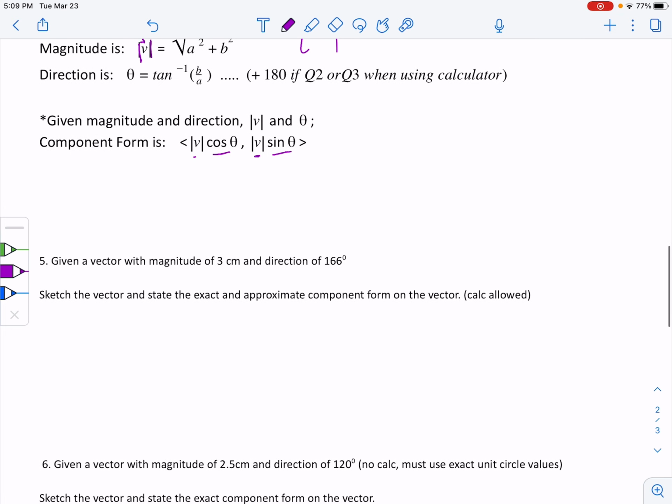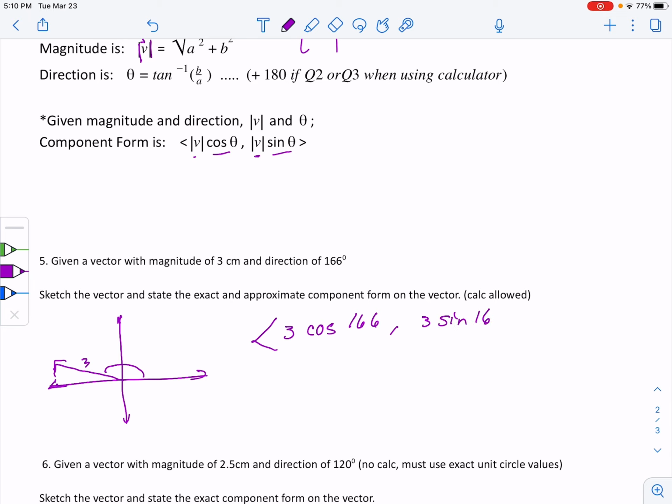For example, let's sketch this thing. 166 degrees gets you over here. And that's 3 centimeters. My components are going to be 3 times the cosine of 166 and 3 times the sine of 166.